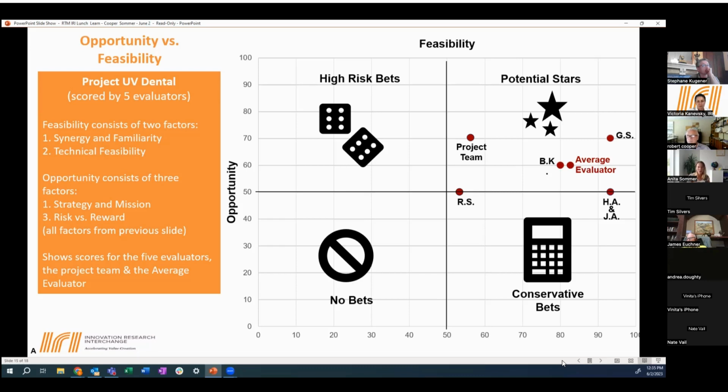So we want to go for those potential stars first, and we use this as a dialogue tool where it's being rated by the various teams, the value that we're bringing. And again, back to this being a dialogue, because you might have some disagreeing, and then that's interesting, because what is it then we're disagreeing on? Because we really want to understand value from the customer perspective. So that's what we're going for.